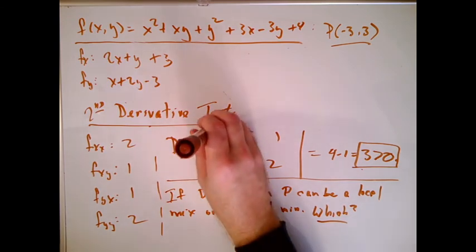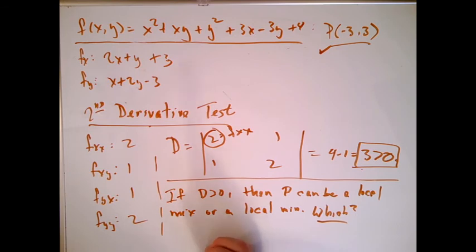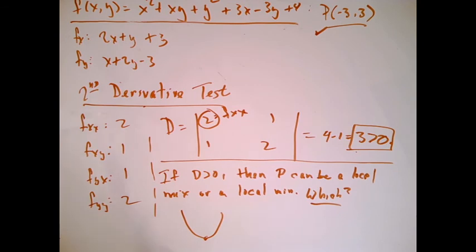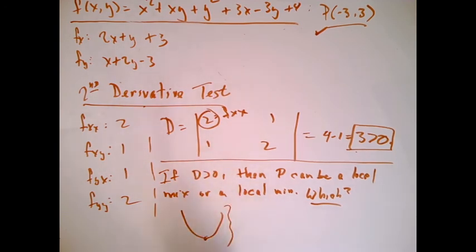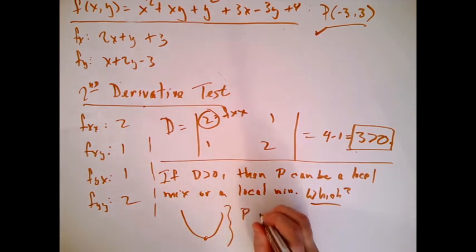So this 2 here says, if we take a section at a critical point and look at the concavity, the section has to be concave up like that. Well, if you know you're either at a local max or a local min, and you take a section and you get something concave up, this is just like the second derivative test in Calc 1. P is going to be a local min here.